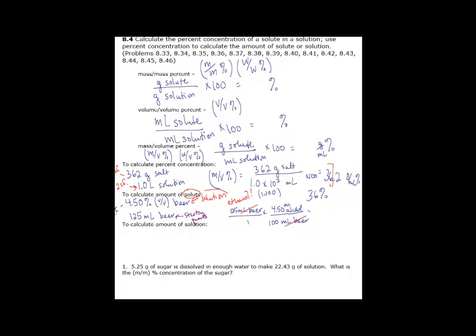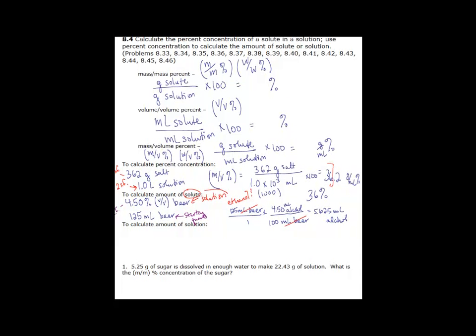So to work my math, I've already taken care of the 100 by assuming that we have a 100 milliliter sample of beer for the percentage. So 125 divided by 100 times 4.5 gives me 5.625 milliliters of alcohol.